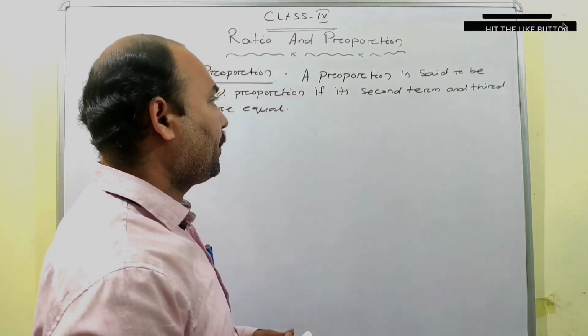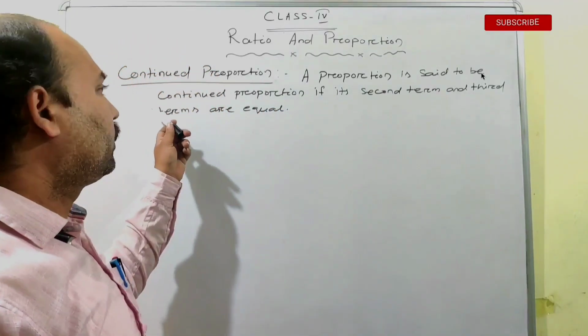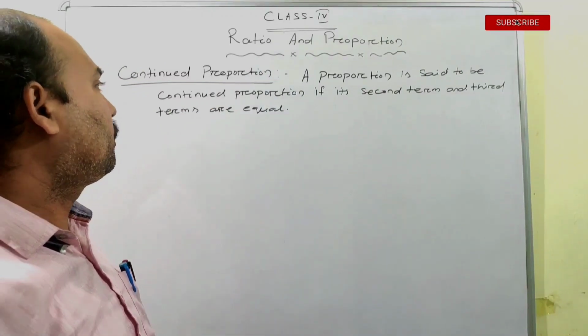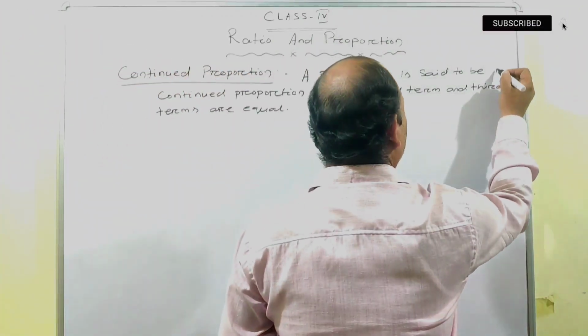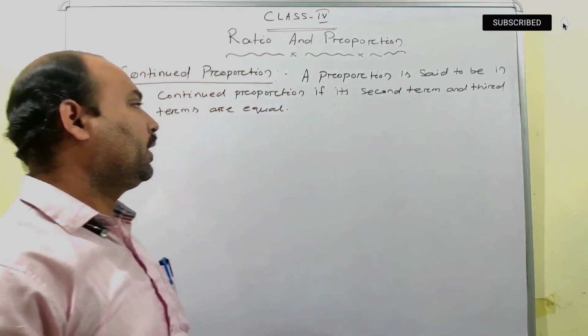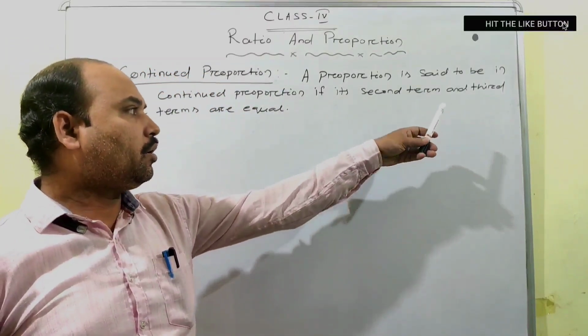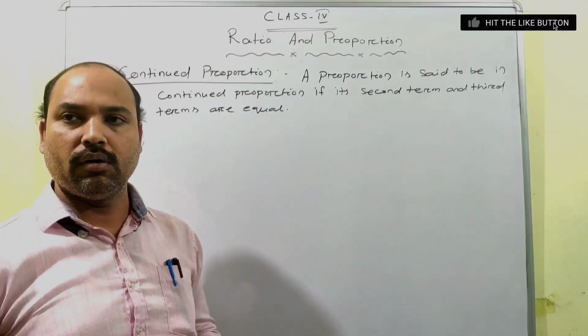A proportion is said to be in continued proportion if its second and third terms are equal.